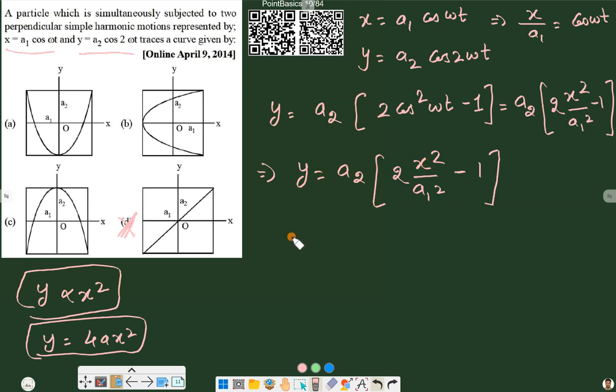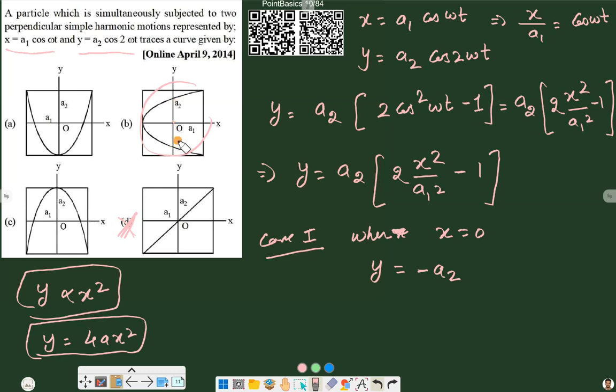So case 1, when x is equal to 0, this term reduces to 0 and y becomes minus a2. So here when x is equal to 0, y is negative. This graph, at x equal to 0, has y both positive and negative.